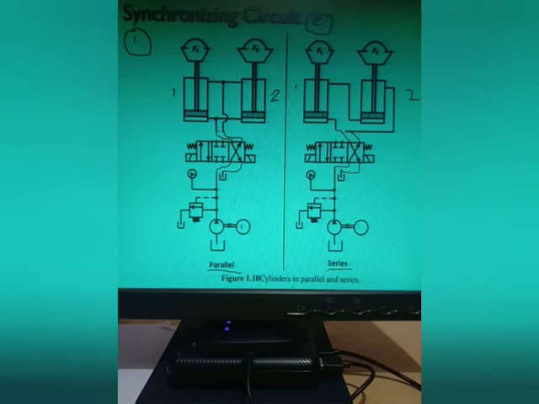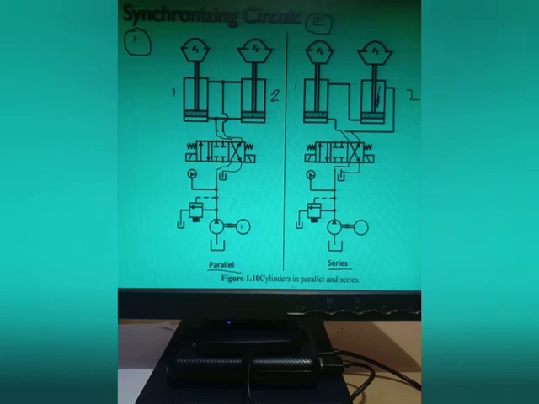The pump is discharging the oil. Oil from the pump will go to the second actuator first, from the rod end, and this second actuator will start coming in the downward direction, right?